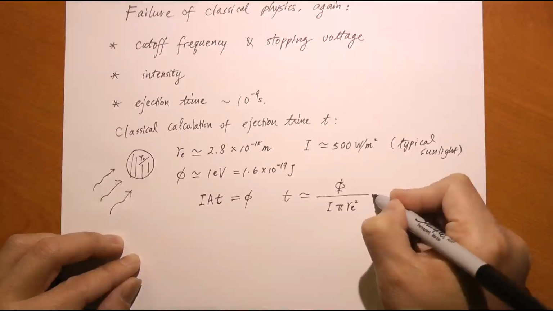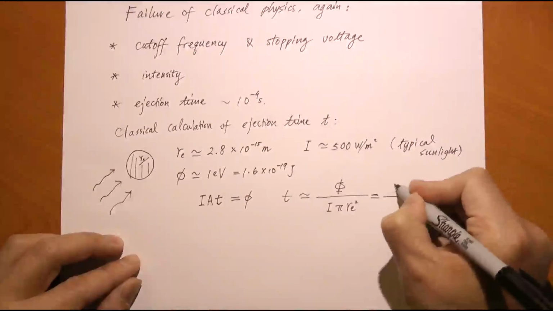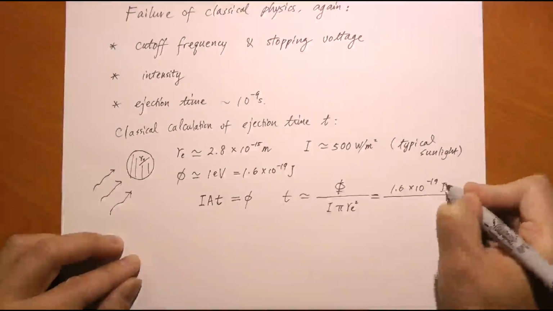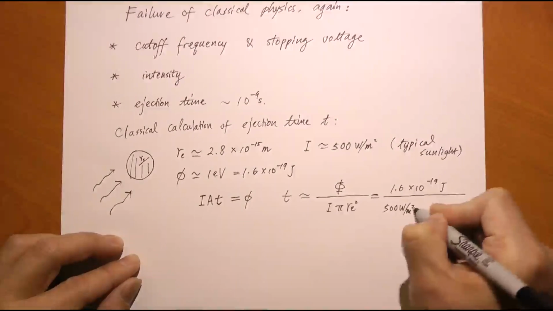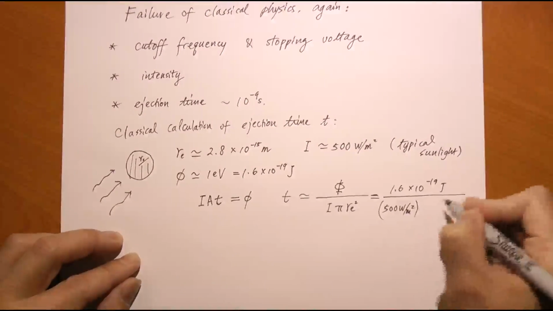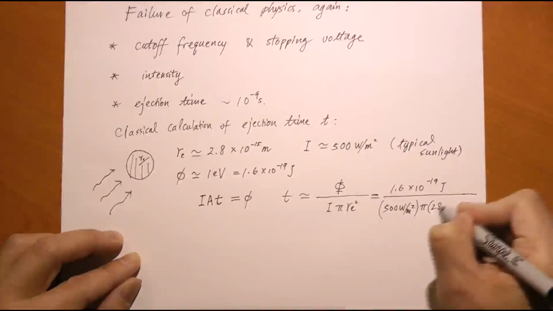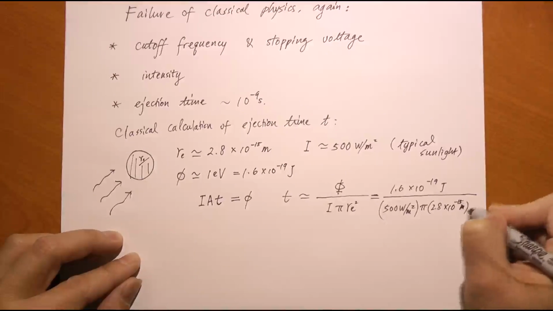And let's put in some numbers. 1 eV is 1.6 times 10 to the negative 19 joules. I is 500 watts per meter squared. And then we have pi r squared, r being 2.8 times 10 to the negative 15 meters, and square it.